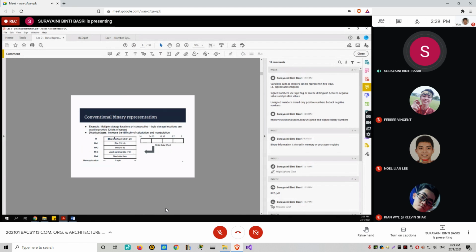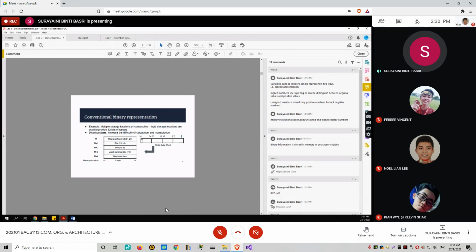If you remember from our lecture 1, the binary digit at the left is the most significant bit, MSB, and the binary digit at the far right is the least significant bit.